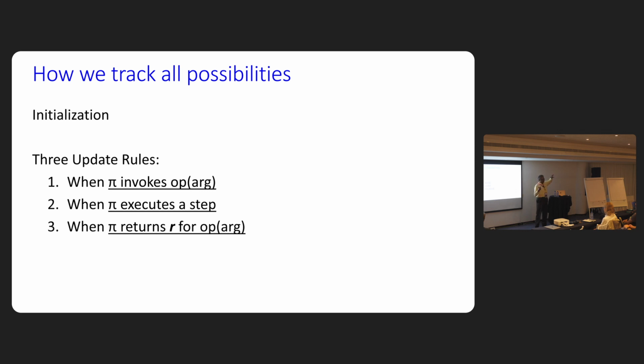They have no ongoing operation. So a possibility that reflects that the state of the object is the initial state you intended for the implemented object, and that every process is idle, would describe the only possibility initially.